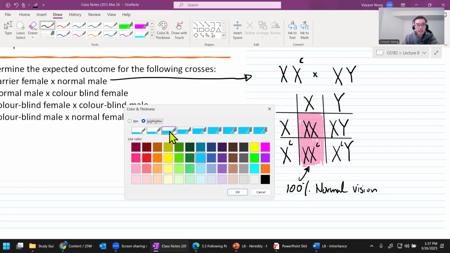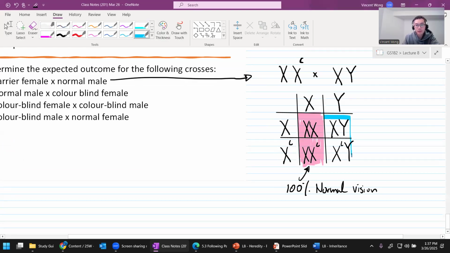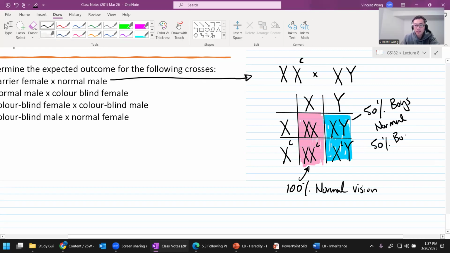But if it's the boys, these are the boys. Now we're only looking at the boys alone. If you look at the boys, then 50% of the boys have normal vision and 50% of the boys will be colorblind. So we're not looking at kids in general, we're looking at girls versus boys.